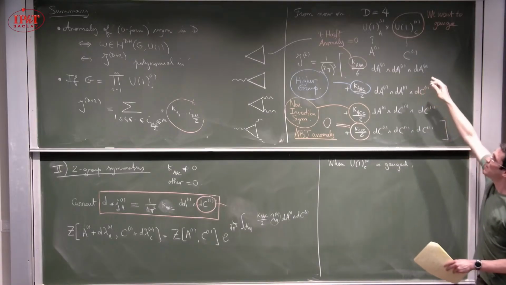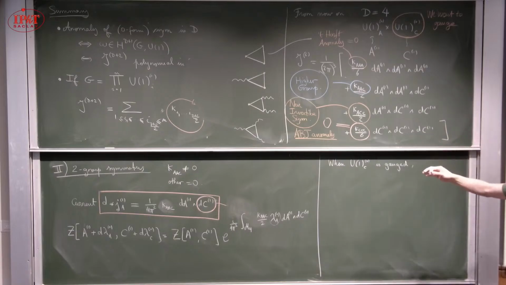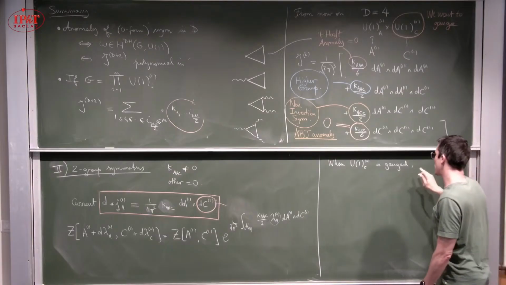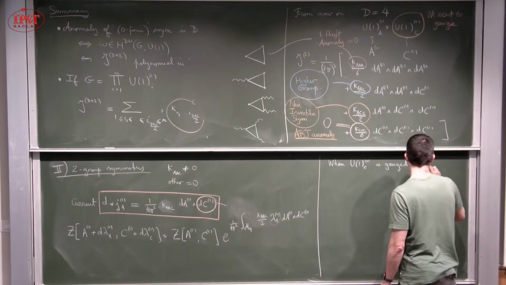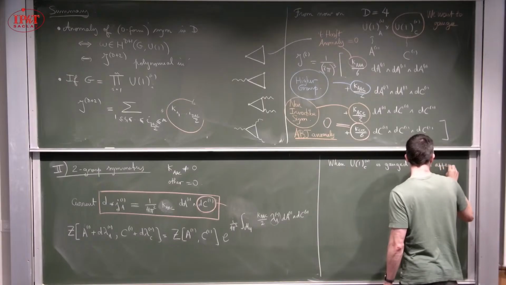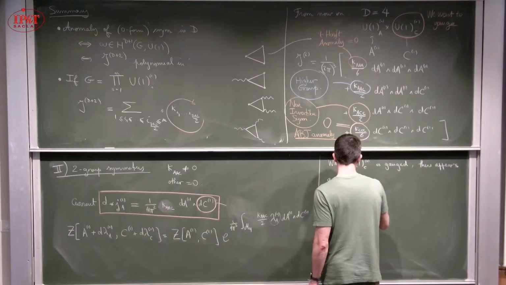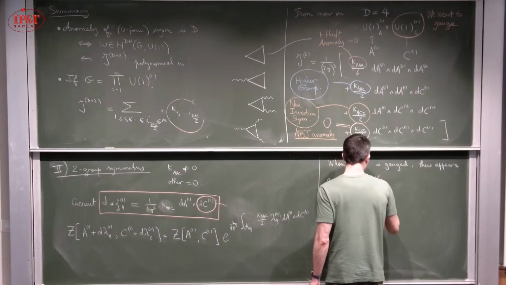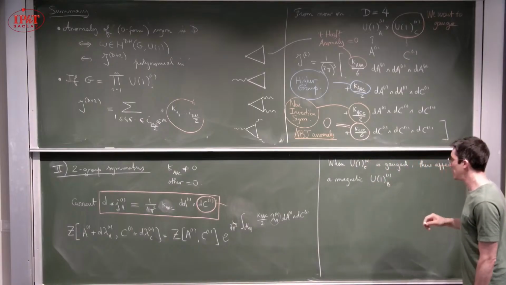Remember, we want to do QED. So in QED, the electric one-form symmetry is broken by the presence of the electrons, but the magnetic one is unbroken. So that one survives. So when U1_C is gauged, there appears a magnetic U1, now I call it D. It's a one-form symmetry.